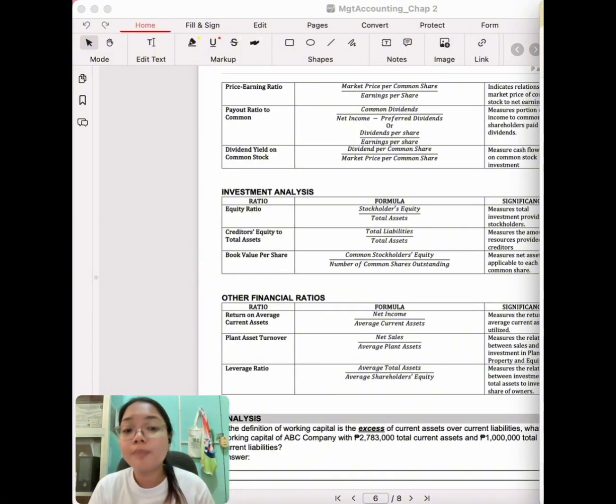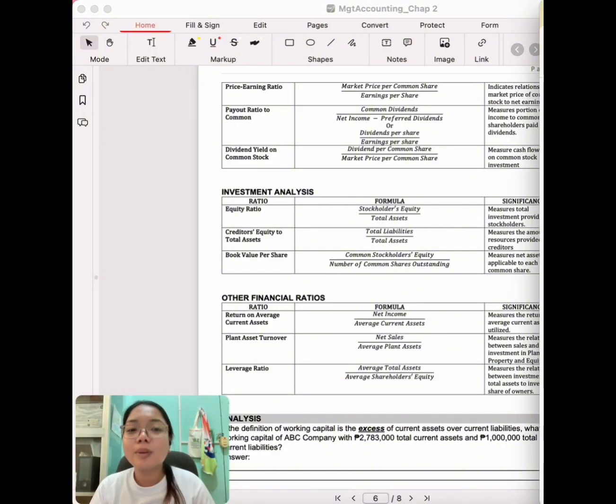So this ratio measures the amount of resources provided by creditors. So we can compare, the equity ratio is the contribution of the owners, while the creditors' equity to total assets is the creditors' contribution. So together, using these two ratios, this will help us understand how the company's assets are financed, so, how the assets of the company are financed using the owner's contribution and the creditor's contribution.